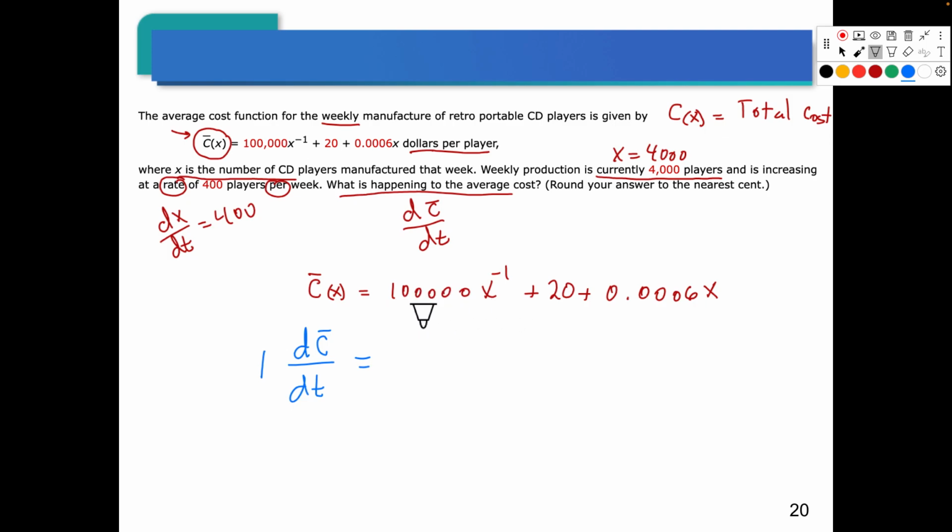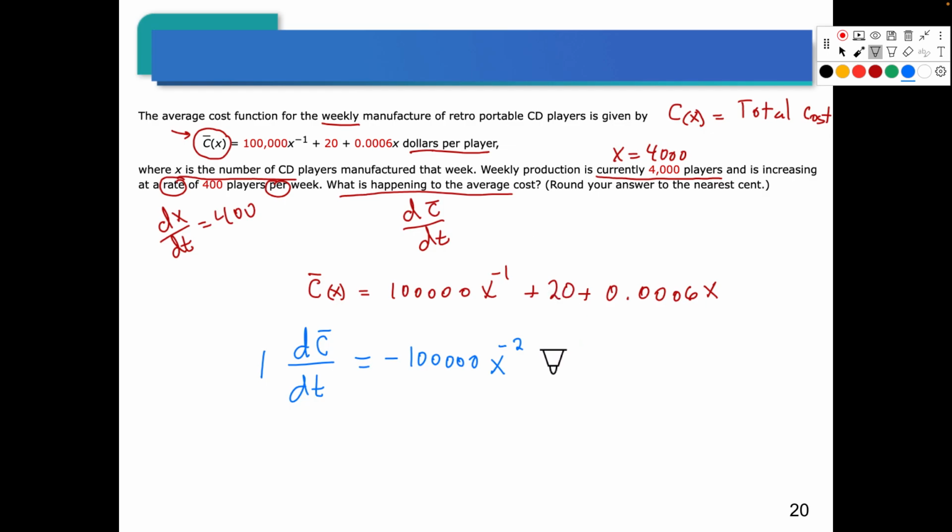Okay, now we start to take the derivative over here. We've got x to the minus 1. The negative 1 comes down in front, so this is going to be negative 100,000. We subtract 1 from the exponent, so this is going to be x to the minus 2. And then we just have to remember we've got these two variables and we're taking the derivatives over time.